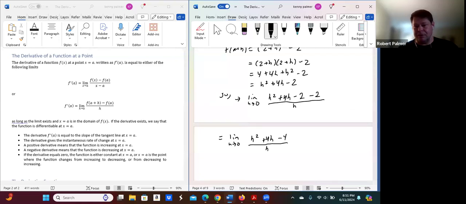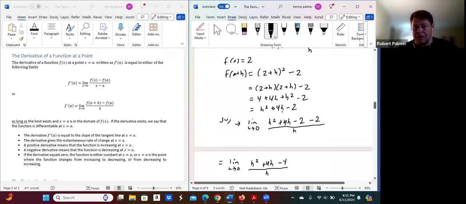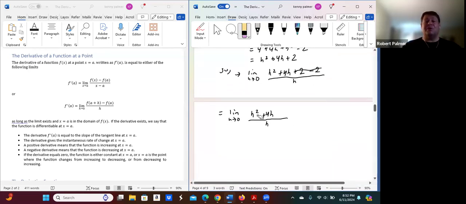Oh, okay. I think I see here. That should be a plus 2. Okay, there we go. So what happened is I combined the 4 and the negative 2, and it should have been plus 2. Those go away. That makes sense now. Okay. Back to where we are. It happens sometimes. If you think you're doing something wrong, just double check everything.